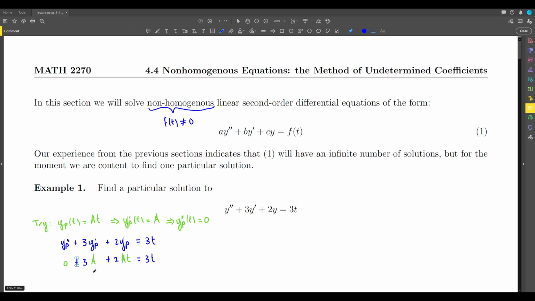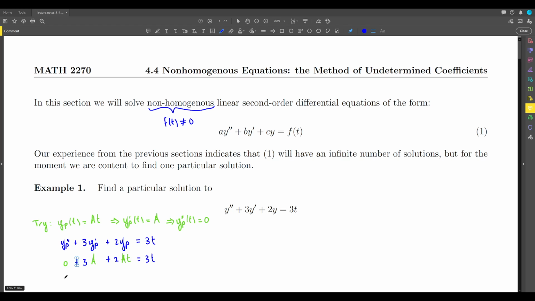Now what we need to keep in mind is that when you have a differential equation, it has to be true for all values of the independent variable. So we can bring the 3t to the other side and keep the 3a here.